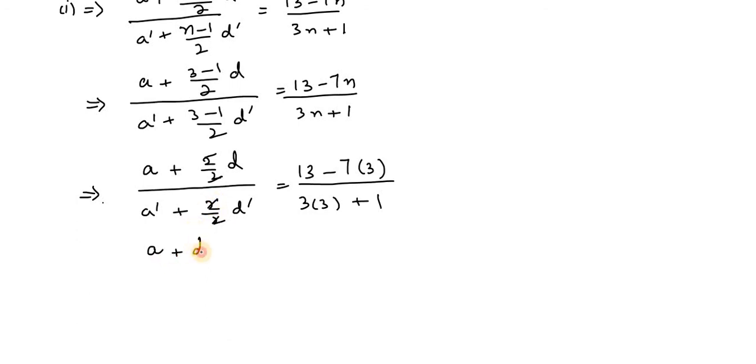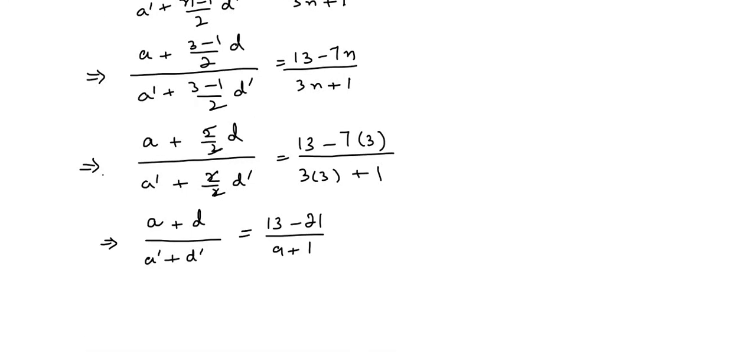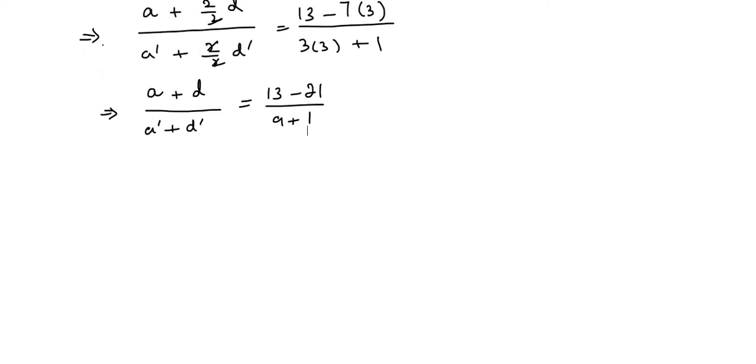So a plus d is the second term of the arithmetic progression. So we find the ratio of the second terms. This is our second term of the arithmetic progression: a dash plus d dash is equal to 13 minus 21 upon 9 plus 1. For the first term, we find the ratio of a upon a dash. And for the second term, we find the ratio of a plus d to a dash plus d dash.